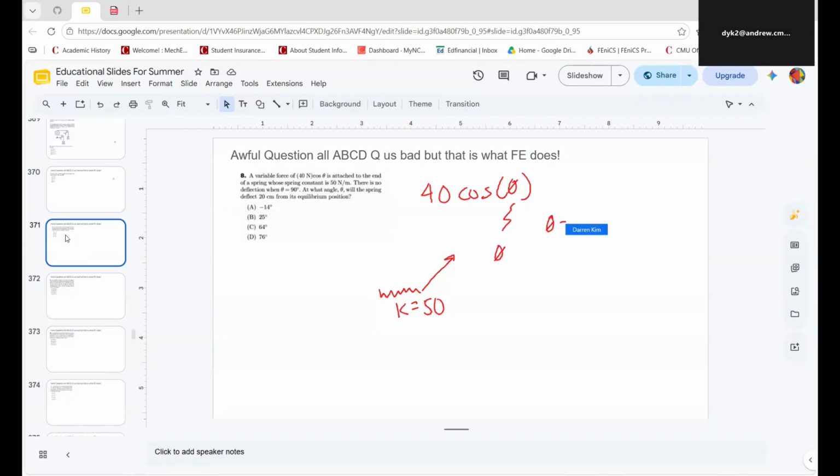So when the angle equals 90, the force is basically equal to 0, right? Cosine of 90 is 0. Now, at what angle would the spring deflect 20 centimeters from its equilibrium position? Okay, this is what it's saying. I guess we're not caring that a real spring would curve, but in this case we're not going to care about that. So deflection, right?